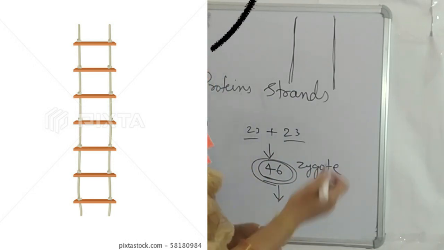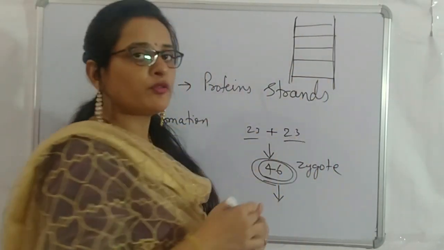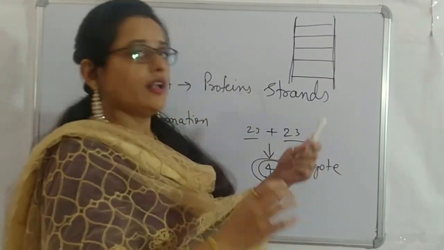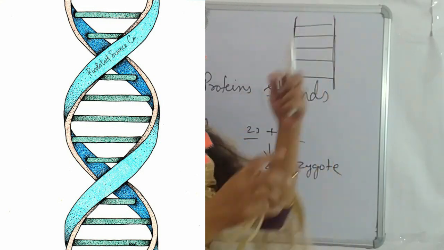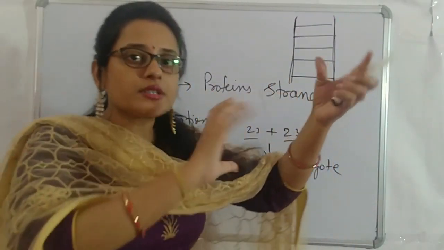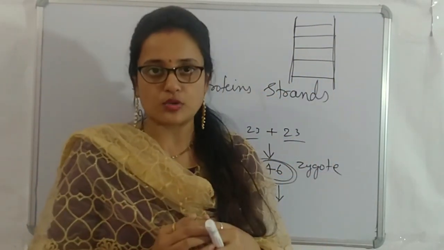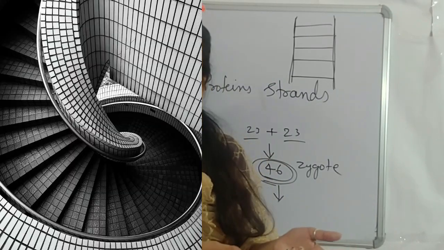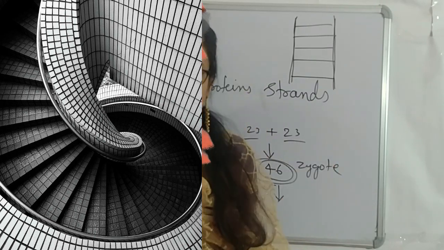Let's imagine the steps of this ladder are also flexible, made up of rope only, so everything in this ladder is made up of rope. When you try to twist this rope in this way, what will happen? These two strands will get twisted around each other in a helical manner. The same thing happens with DNA also. You can also imagine a helical staircase as you can see on your screen. So the structure of DNA looks somewhat similar to the helical staircase.